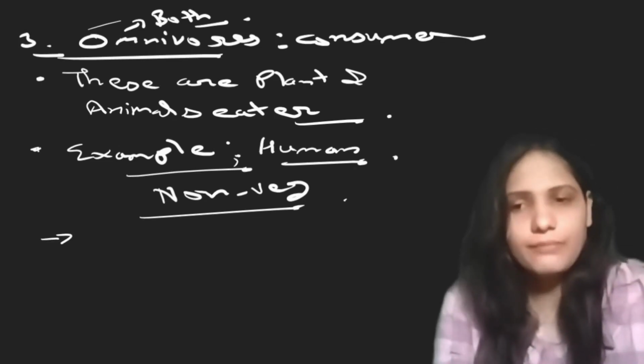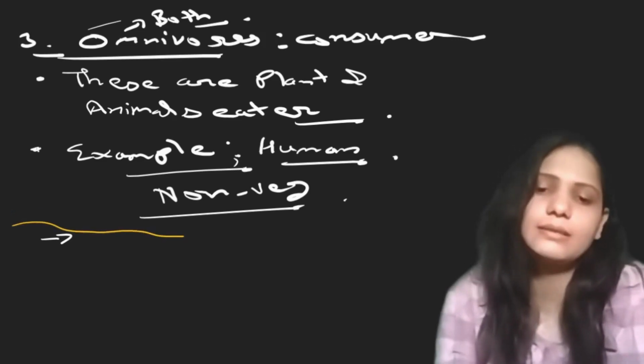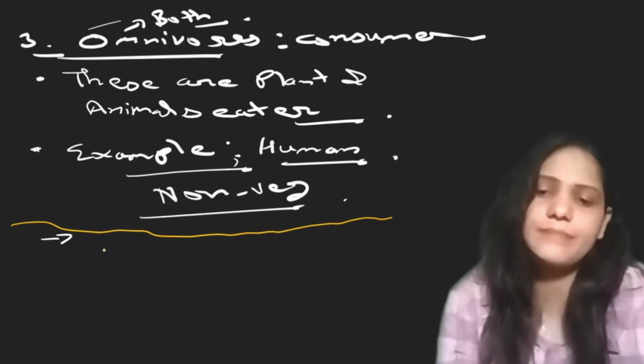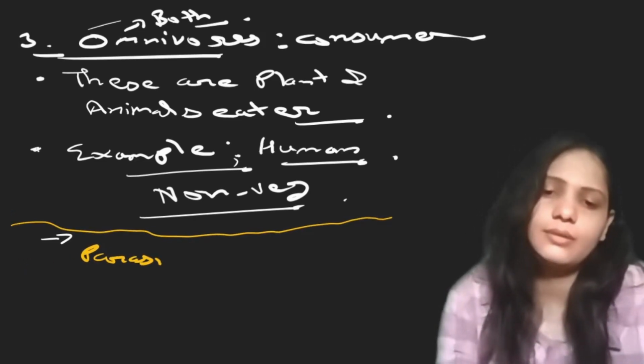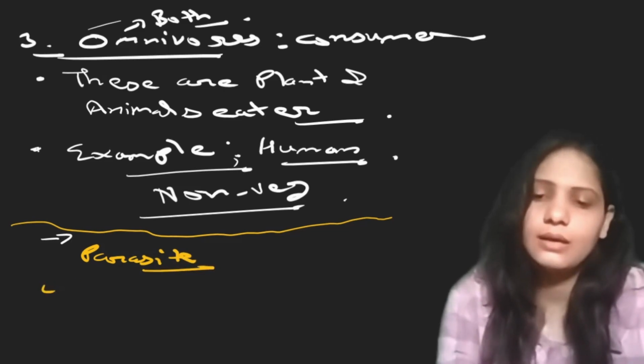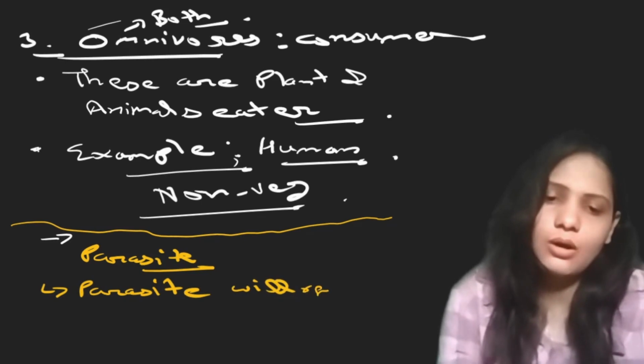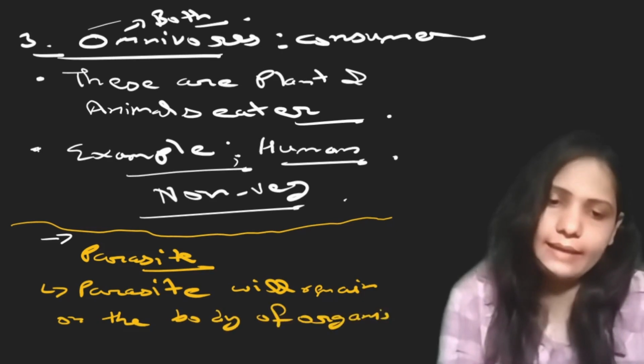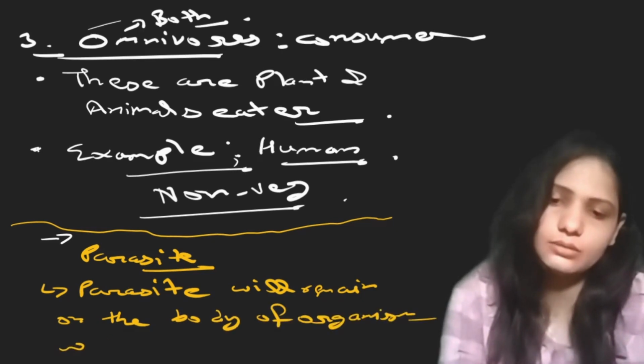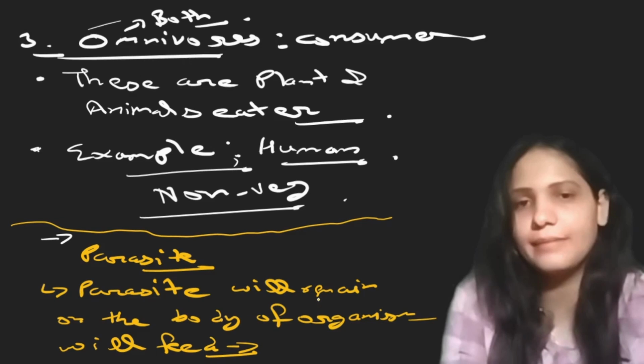Now, apart from these three types, we have another type, that is parasite. A parasite will remain on the body of an organism and feed there for its food requirement.